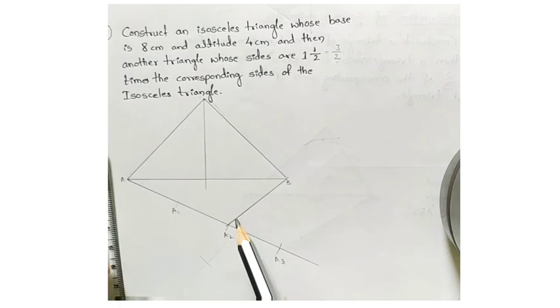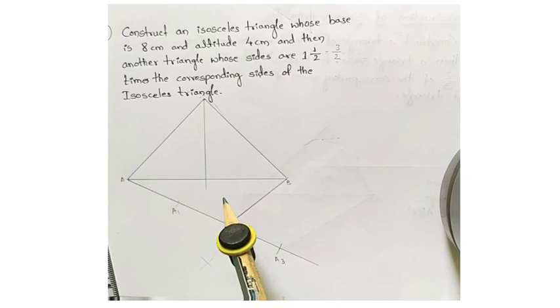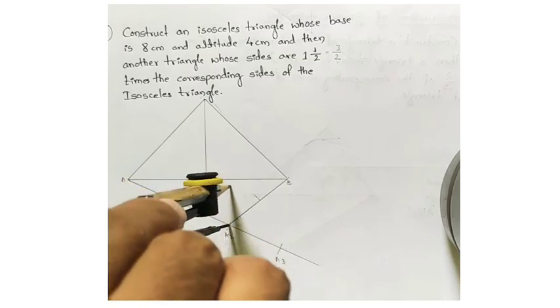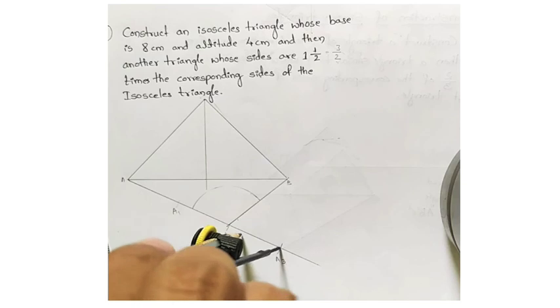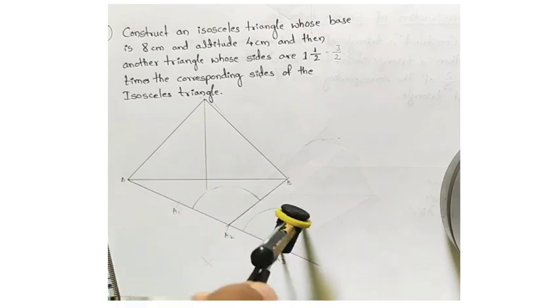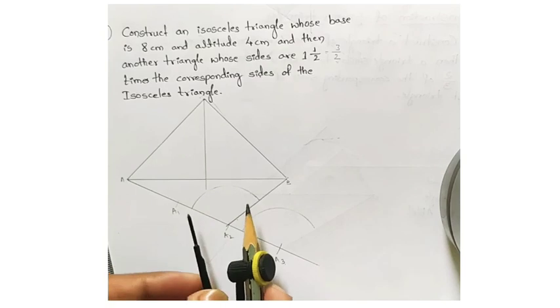Okay, from this line we have to draw a parallel line to get the similar triangle. So again go with the arc method. Make one arc here. Okay, without changing the needle, make the same arc from the A3. Now measure the earlier arc.